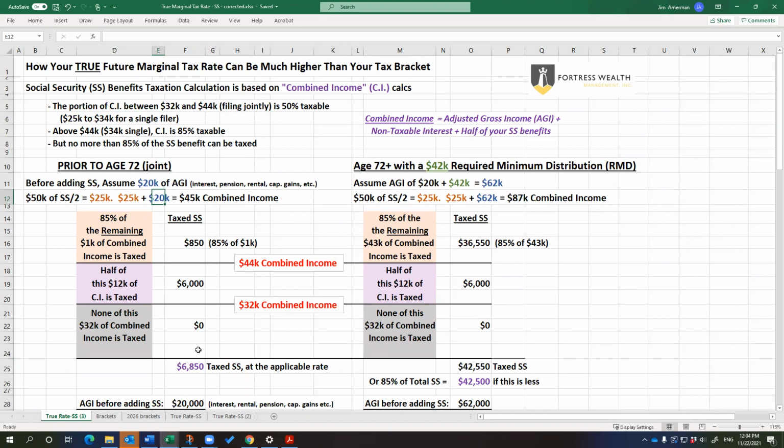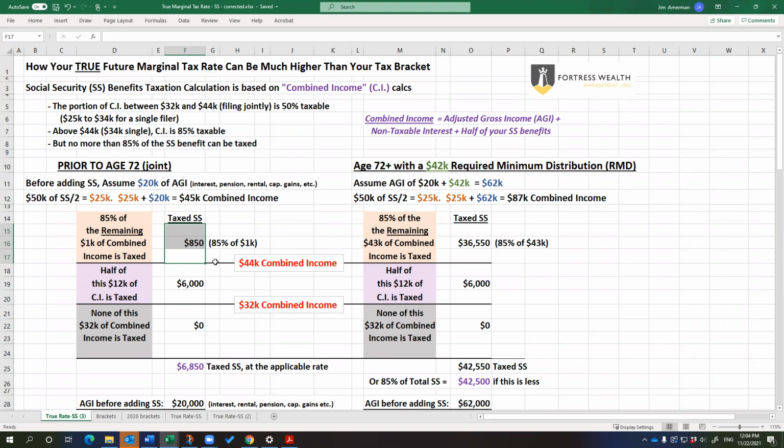So the first 32,000 of that is not taxed. And then between 32 and 44,000 for jointly filing, 6,000 of that is going to be taxed. We take half of that 12,000 gap. And then any remainder above 44,000, 85% of that becomes taxable.